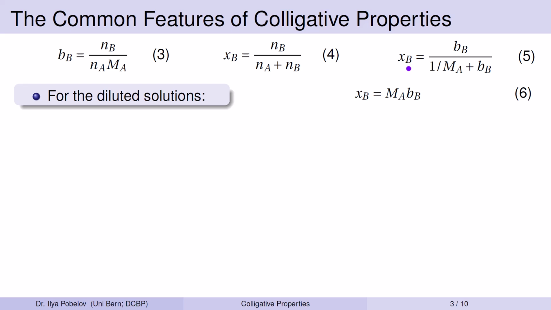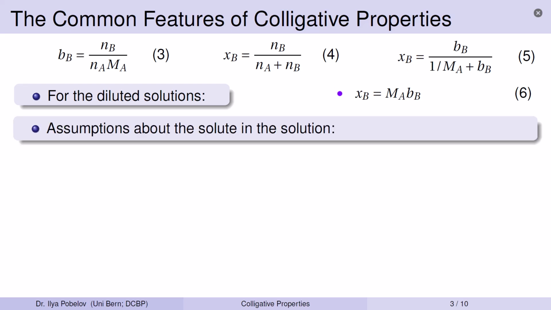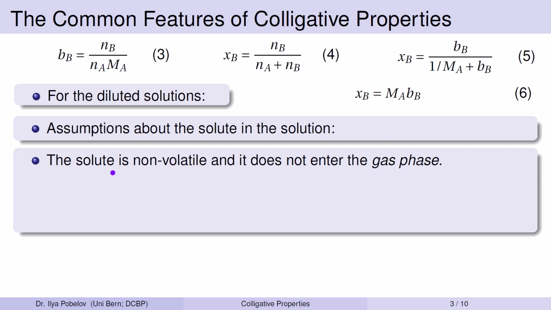These formulas are also valid for the total amount of all solutes if multiple substances are dissolved in the solution. For the sake of simplification, we will conduct further discussion as if there is only one type of solute. To emphasize the nature of colligative properties, we start with a few assumptions about the solute in the solution. The solute is non-volatile, meaning that it does not enter the gas phase.